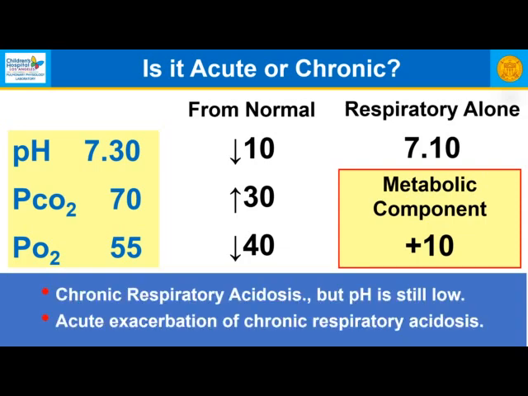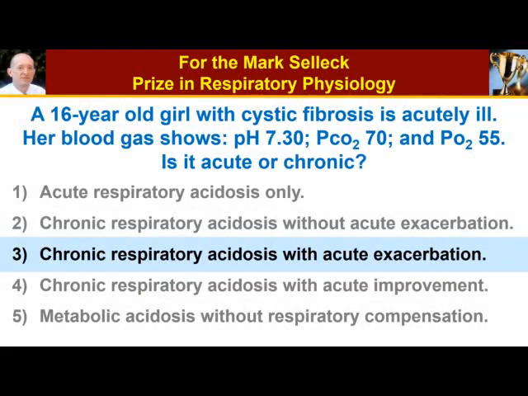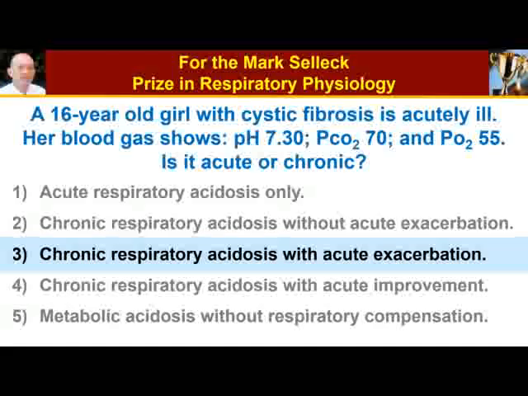And so what we have here is a chronic respiratory acidosis, because there is some compensation, but the pH is still low. This indicates that there's been an acute exacerbation of this person's chronic respiratory acidosis. So it's acute on chronic respiratory failure in this case. There's been an acute exacerbation, so one would need to worry that something acute has happened to this child that is different than this child's baseline.